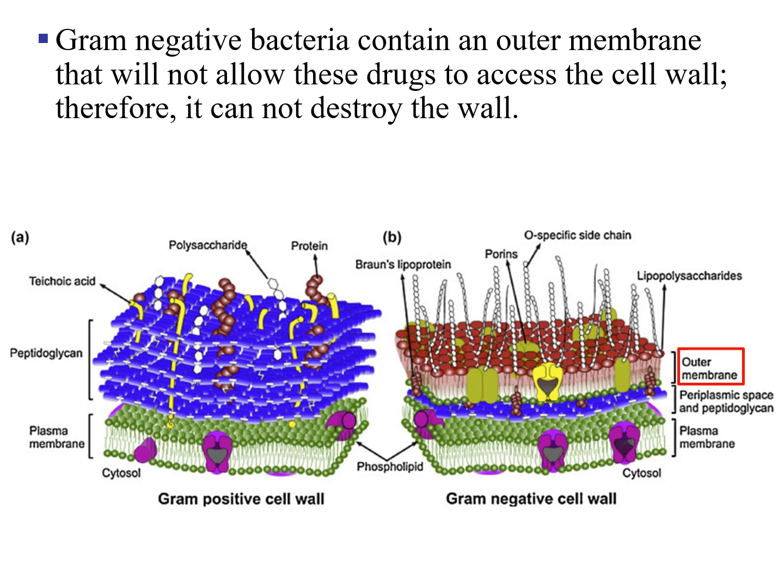Why? The gram-negative have an outer membrane that will not allow that beta-lactam to even gain access to the wall to destroy the wall.